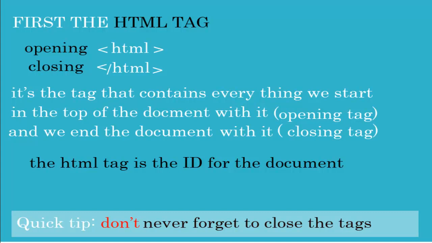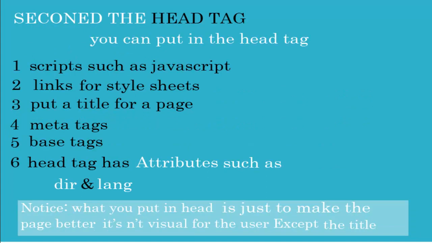We say to the server, to the computer, to the browser, this is an HTML document. Don't forget, of course, to close the tags, because a lot of designers don't close their tags, and in the long term that causes problems. So I always recommend that you always close your tags.